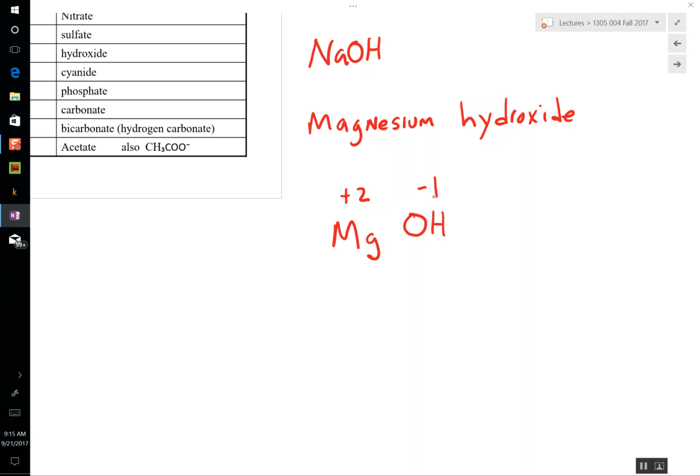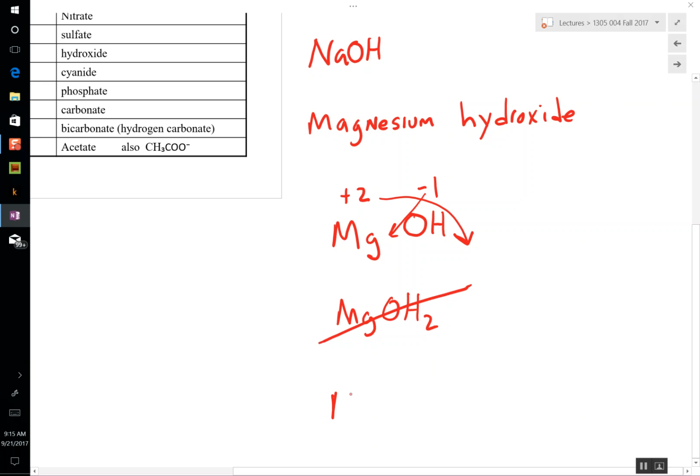Okay, now pay attention. We say the 2 goes right there, the 1 goes right there, and you think, well, is this going to be the formula? No. No, because that 2 is applying only to that hydrogen right there. We want this 2 to be hydroxides. So we don't do that.